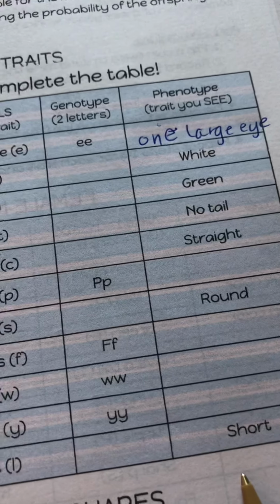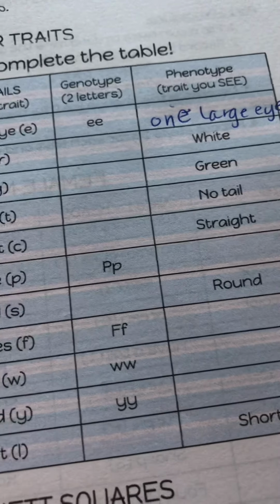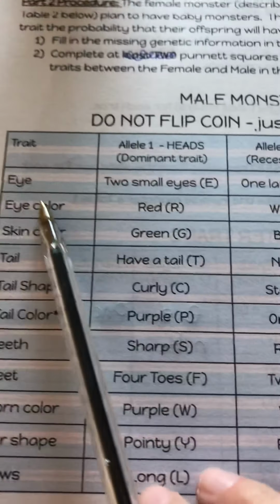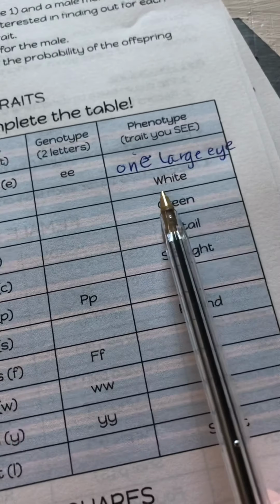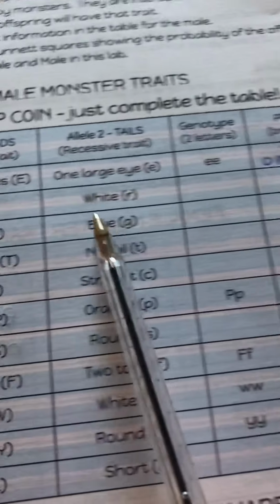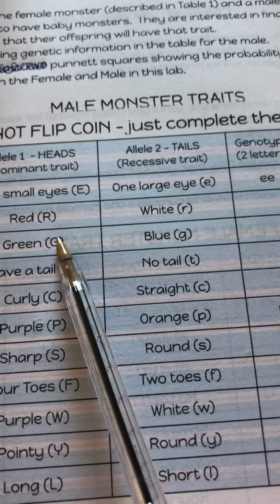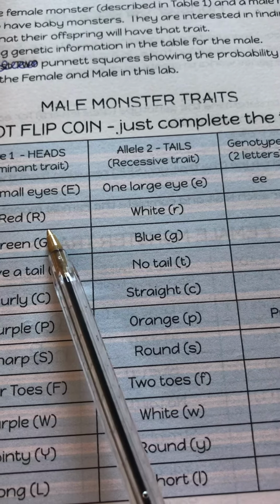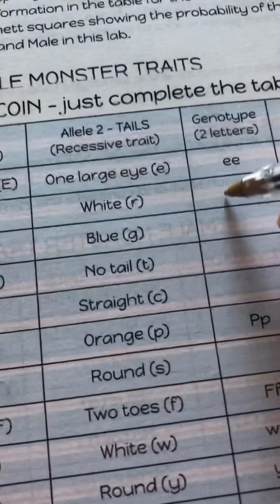It's the female monster that's going to be different because the coin is going to determine the trait. So let's look at this eye color. Oh my gosh, the phenotype is white. So we know that a capital R is going to be red. So we're going to have 2 lowercase r's.